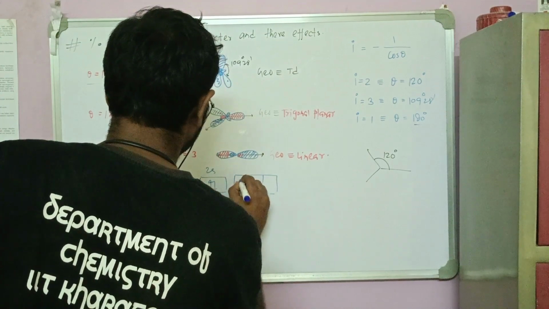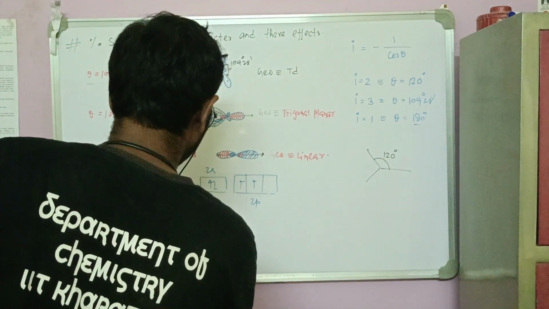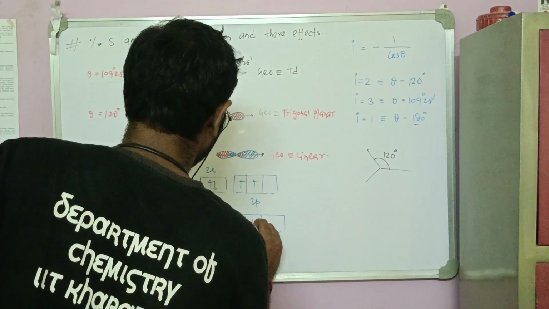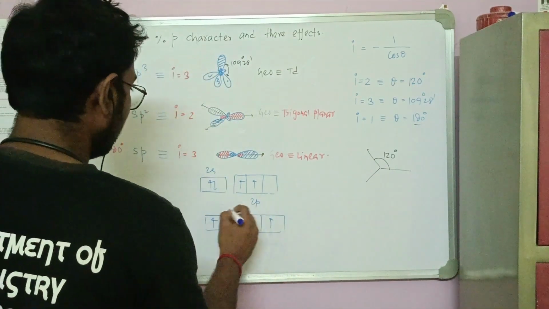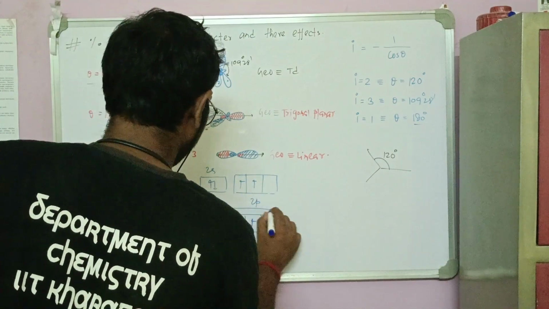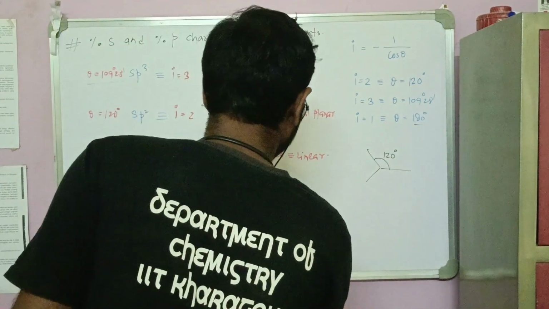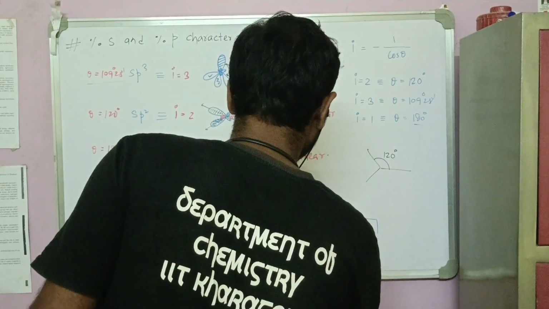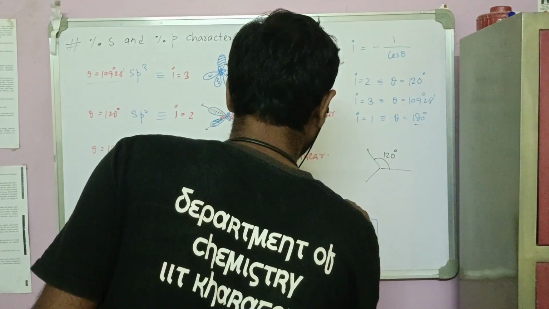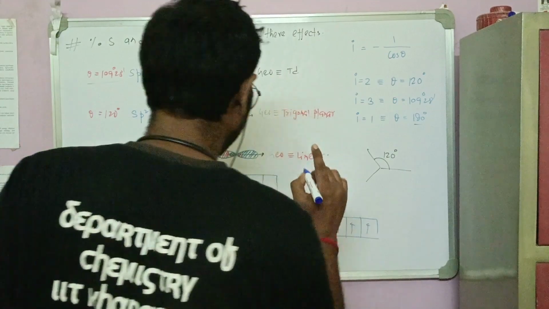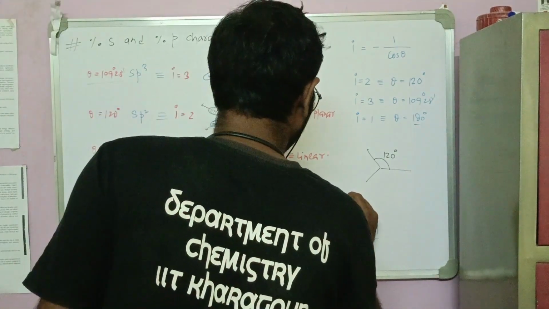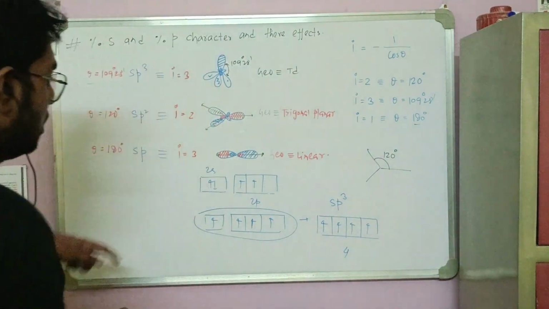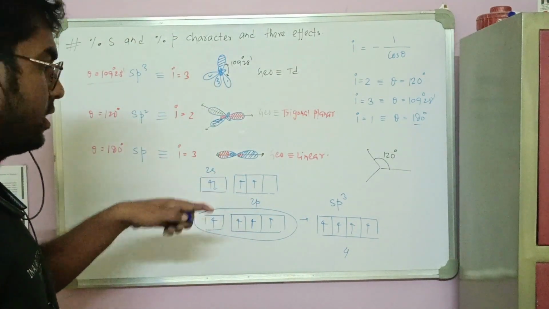We have discussed it for carbon in the previous video, that it gets excited and forms 2s and 2p, and they mix with each other to form four orbitals identical in energy, and these are no more 2s, no more 2p, these are called sp3. So there are four sp3 orbitals because four atomic orbitals are getting mixed.